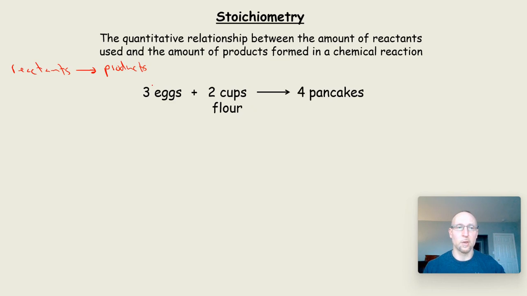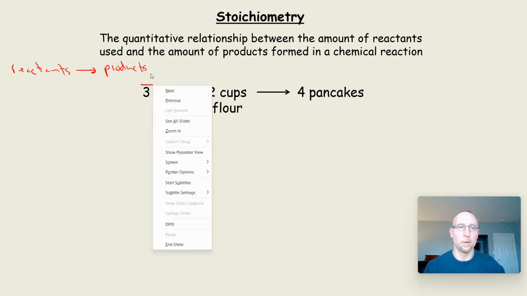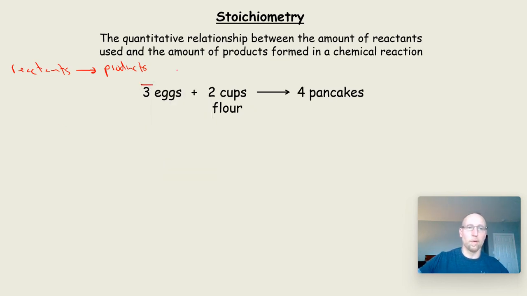So what I like to do is I like to put my new amount right over my old amount. So if I only have 1 egg instead of three, all right, how many pancakes can I make? That's my unknown, my X, right?